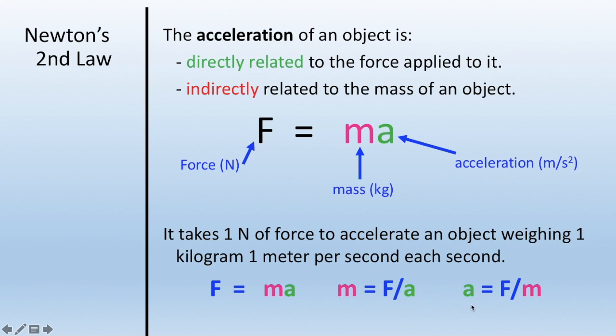And if we solve for acceleration of an object, then that is a equals F divided by m. All these 3 equations use the same 3 variables. It just depends on which variable you are trying to solve for, which will determine which equation you use. You will be asked to know how to use all 3.